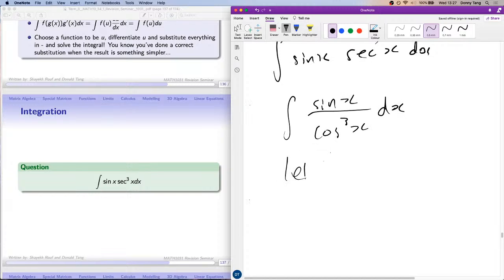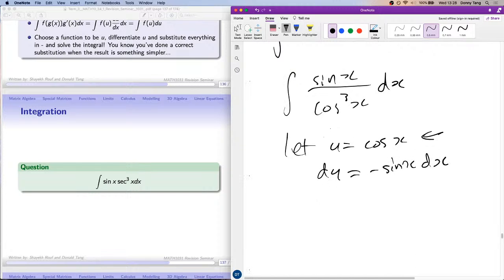So this one, let u equal cosine x. First, differentiate this, okay? Differentiate straight up this equation. So du equals cosine, actually this is going to be sine. So negative sine x dx. All right, that's your first step.